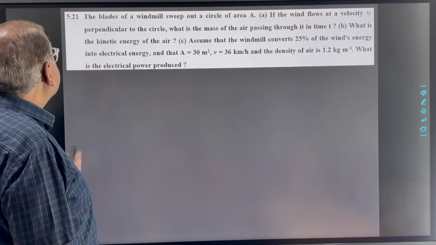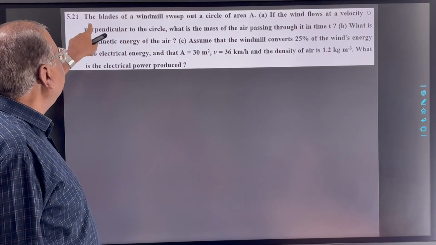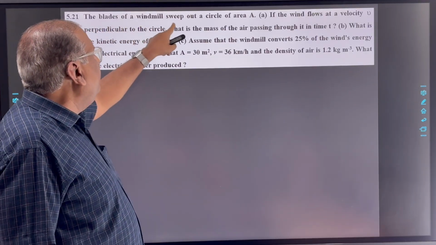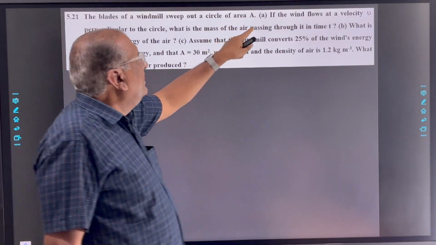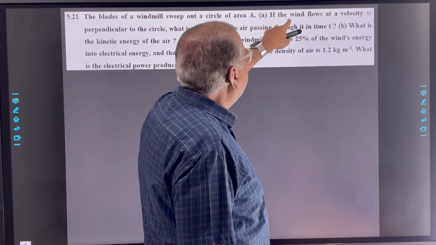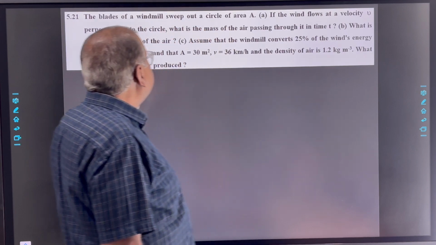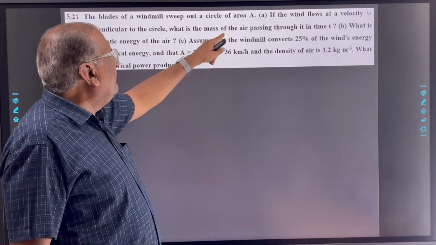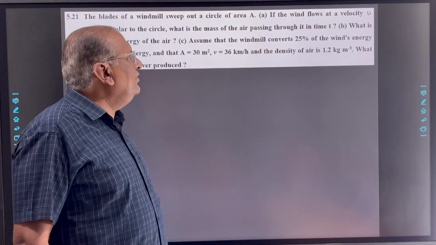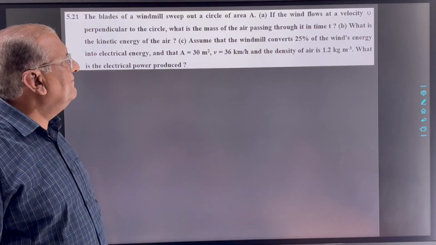Now exercise 5.21. The blades of a windmill sweep out a circle of area A. If the wind flows at a velocity v perpendicular to the circle, what is the mass of the air passing through it in time t?